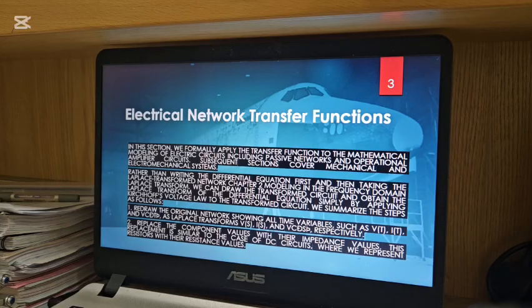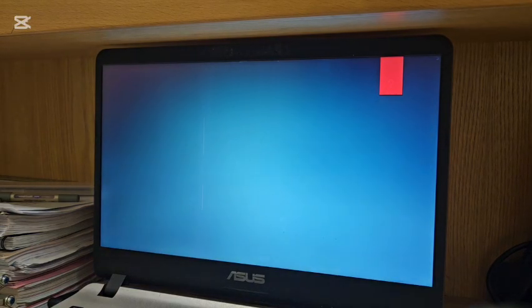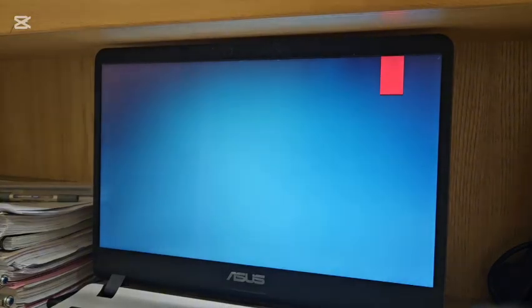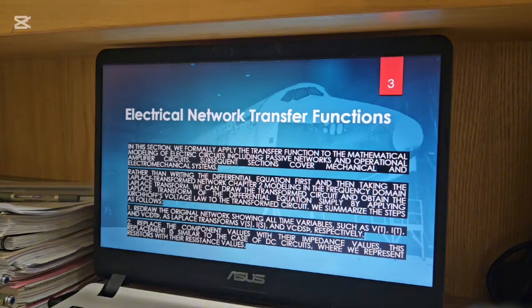We summarize the steps as two steps. The first step: redraw the original network showing all time variables such as v(t), i(t), and L(t). In the second step, replace the component values with their impedance values.